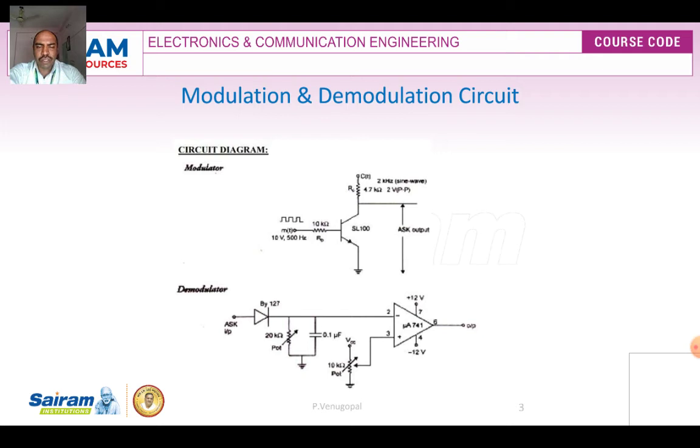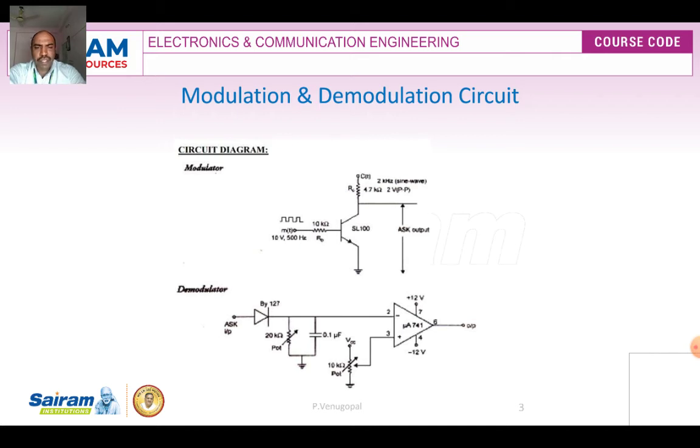Okay, this is about the modulation circuit. Now the demodulation circuit. Dear students, the modulated output is given as input to the demodulation circuit. Your demodulation circuit consists of the envelope detector and the comparator circuit. The envelope detector consists of a half-wave rectifier with a capacitor filter which produces the DC signal. That DC is compared with the reference signal which is applied at pin number 3 of the op amp.